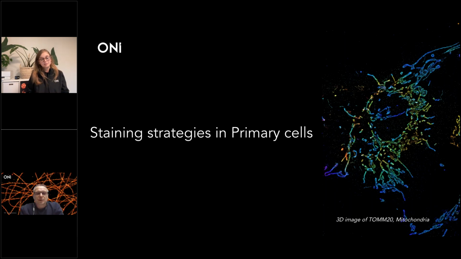Yeah, so you need to optimize your labeling strategy. In this case, if you're using a primary antibody directly conjugated, you always should use a control such as an isotype control. So isotype control, again, the same species. If your primary antibody is mouse IgG1, then you need to use an isotype control mouse IgG1 conjugated to the same fluorophore.